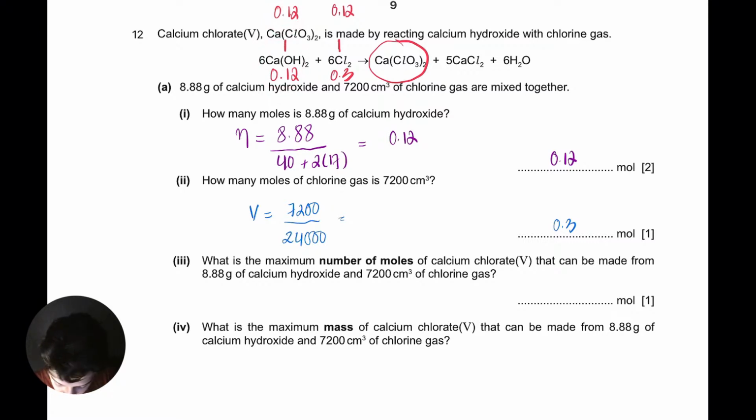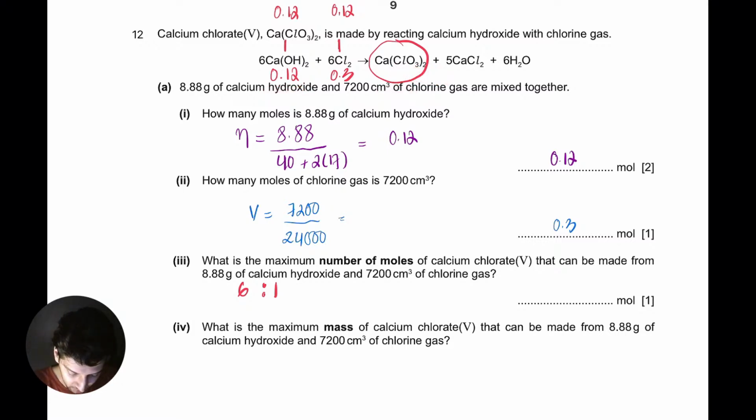The ratio is 6 to 1. Because looking at calcium hydroxide, for every 6 moles, I produce one of these. So if I have 0.12 over here, how much of this will it be? Well, 1/6 of it, which is going to be 0.02.